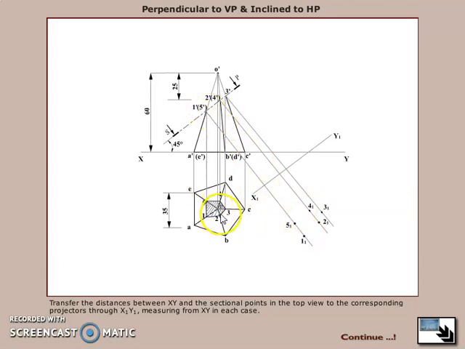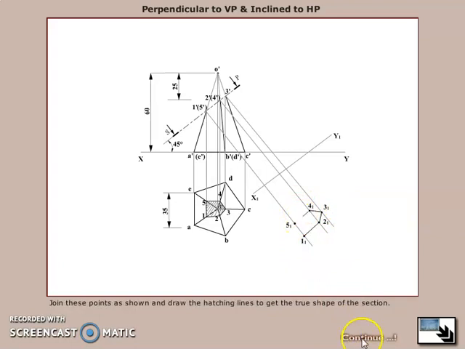Similarly, you can take the perpendicular distance of 2 from XY, and mark that point from X1 Y1 on the line drawn through 2. The distance should be taken from this line. Similarly you locate 3, 4, 5 and join all the points to get the section. Okay, so this is the final figure.